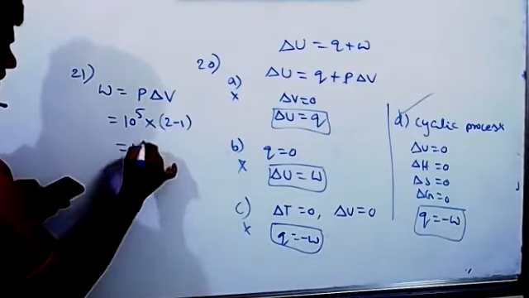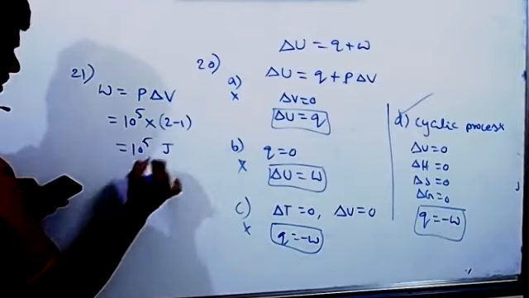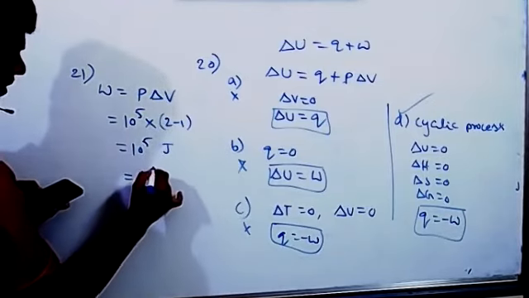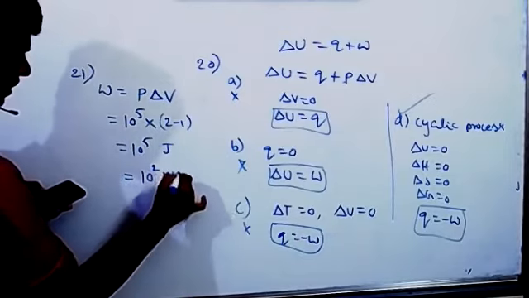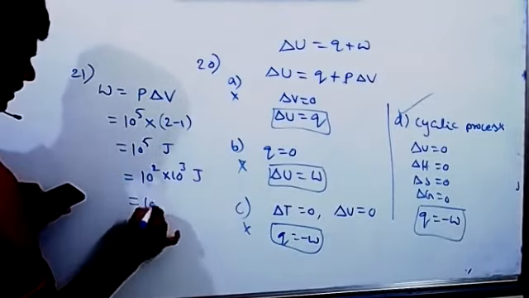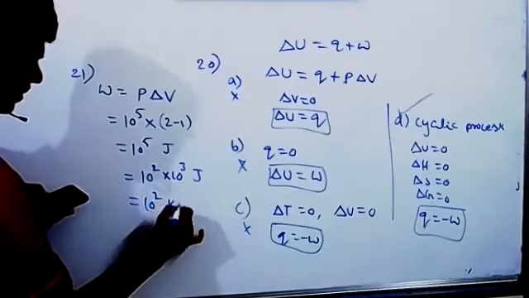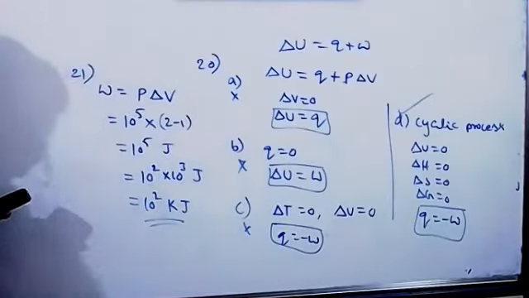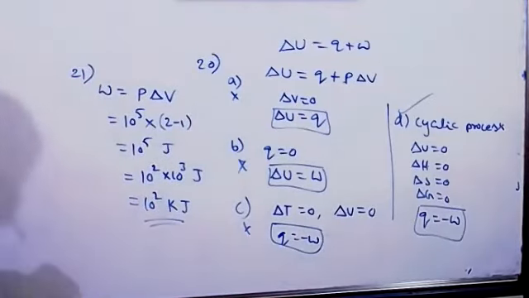So 10 power 5 joules, we may write 10 power 2 into 10 power 3 joules, kilojoules. So answer is 10 square kilojoule. B is the correct answer.